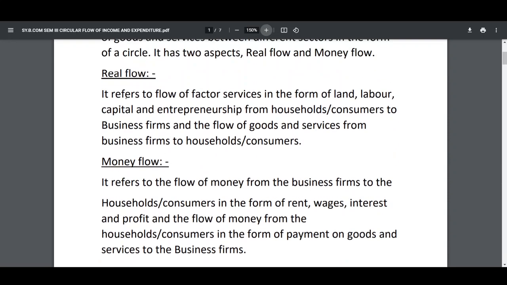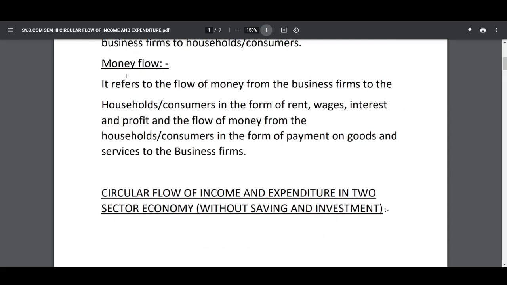Real flow. It refers to the flow of factor services in the form of land, labor, capital and entrepreneurship from households, also known as consumers, to business firms, and the flow of goods and services from business firms to consumers or households. Money flow.